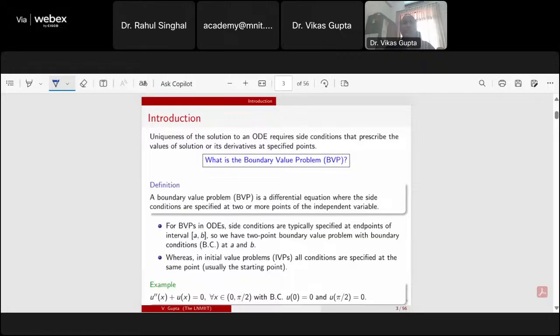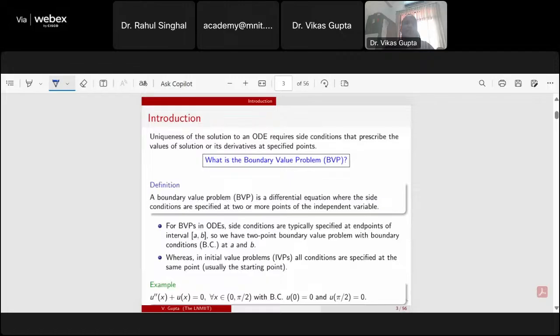To get the unique solution of an ODE, we put some side conditions on the solution and its derivative at specified points. Then the problem under discussion is said to be either a boundary value problem or an initial value problem. So the first question that naturally arises is, what is the boundary value problem?